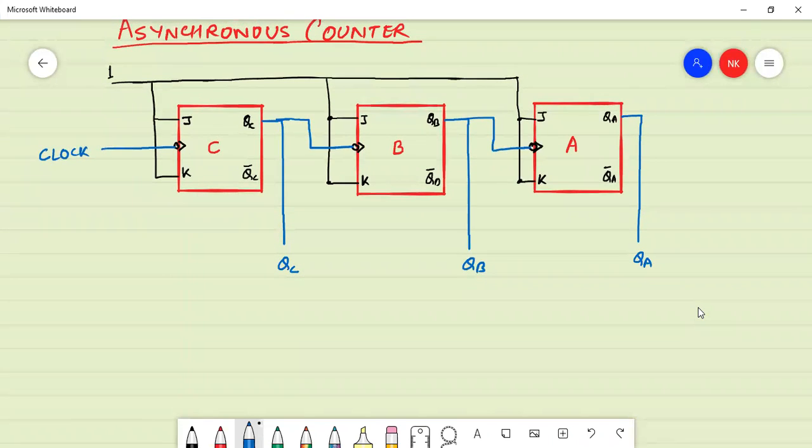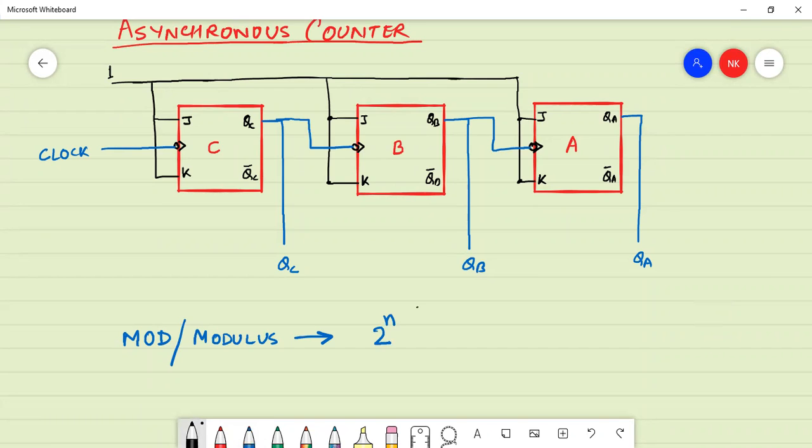As we have seen earlier, the mode or modulus of this counter is given by 2 to the power n, where n is the number of flip-flops. So the mode number will be equal to 2 to the power n, where n is the number of flip-flops.